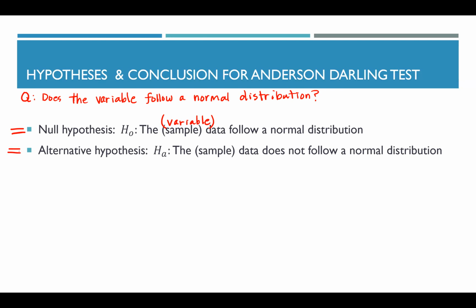So it would have to say it's not equal, or it does not follow a normal distribution. The null is like saying, yes, it does follow a normal distribution. The alternative is like saying no. Those are your two choices. It either follows it or it doesn't. It is normally distributed or it's not.